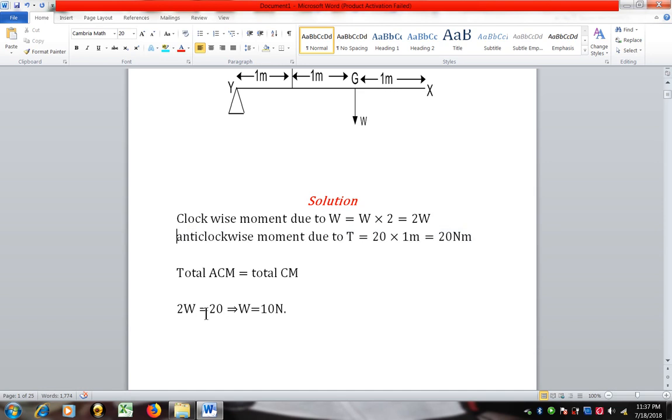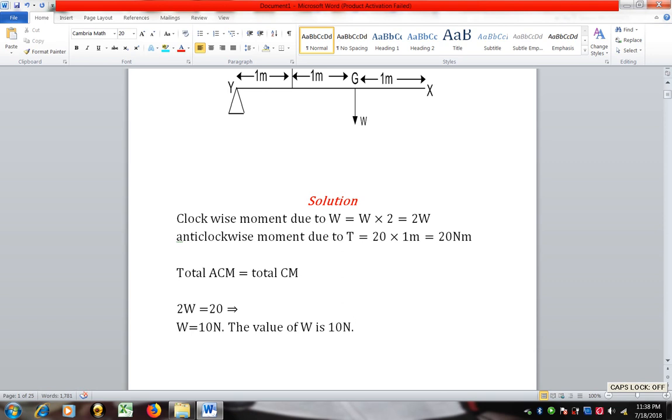So we divide both sides by 2, and W is going to be 10 Newton. So that is the weight of the rod, or let's say the value of W is 10 Newton.